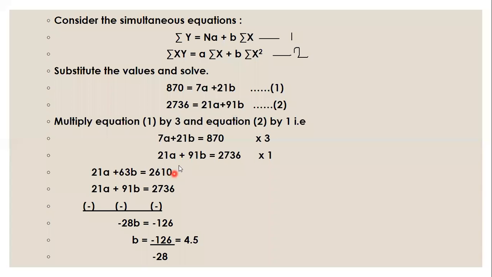If I multiply 7 3s, I will also get 21a. 7 3s are 21. So if I multiply this first expression with 3, I will also get 21 here, which means I can cancel 21a and 21a. So I'll be able to find out the value of b.